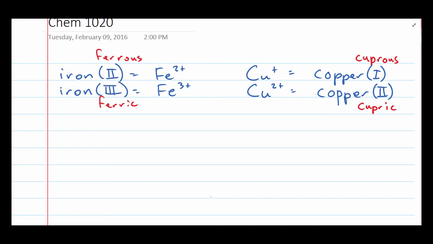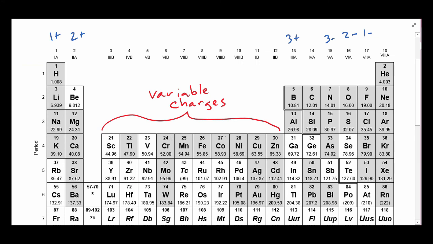So this naming scheme that we have here now is one where we simply don't need to know any of the charges on any of these in here, but we do need to know that they do have variable charges. So again, that's what we do need to know, is that they have variable charges. I have tried to color code this here by showing the ones that have fixed charges in blue and the ones that have variable charges shown in red.